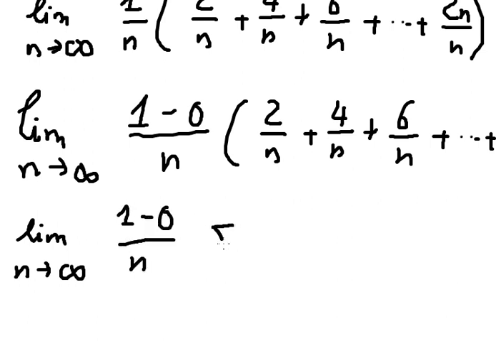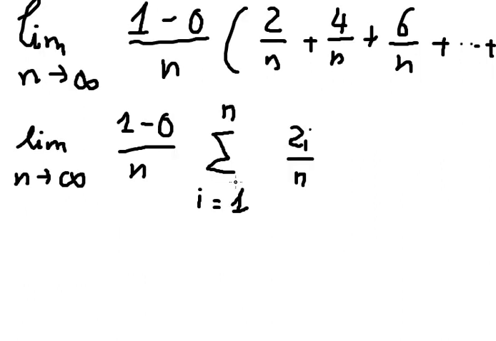That is about the summation from i equals 1 to n. So this one we will have 2i over n. So if we look carefully, this one is about the width of the rectangle.